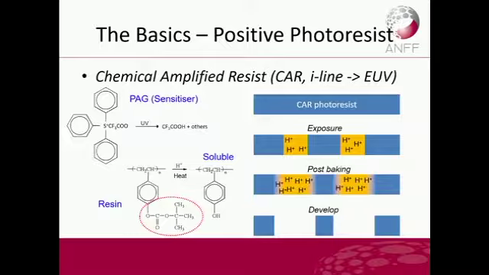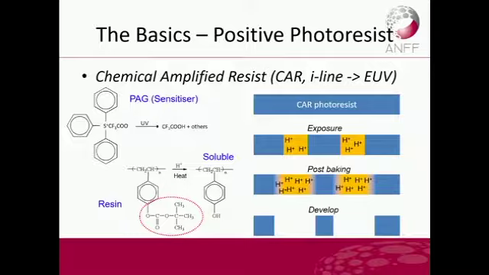With the chemically amplified resist, you have your sensitizer or photoacid generator. If you look at the process, you start with your photoresist, you expose with the UV light, and you start generating acid. This acid generation actually comes from the PAG process that interacts with the UV and generates a very strong acid plus other components.